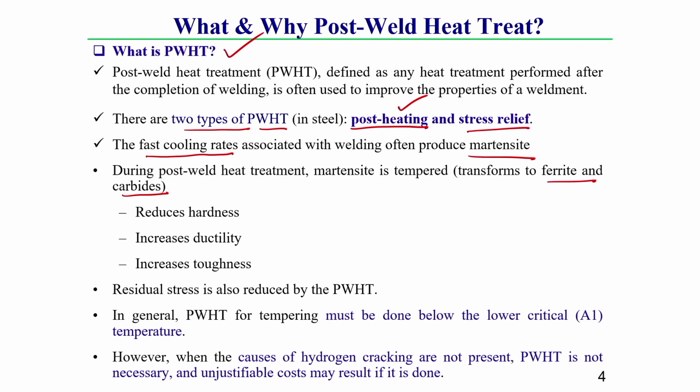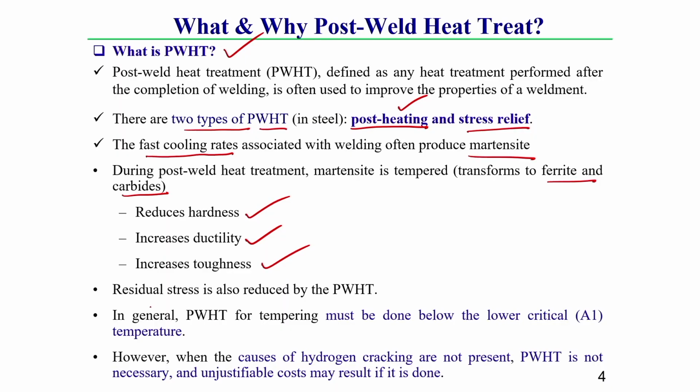Once it converts to ferrite and carbide, its hardness reduces, but its ductility and toughness increase. You should keep this in mind. Apart from this, tempering, or post weld heat treatment, also reduces the weld induced residual stress. Keep this in mind.